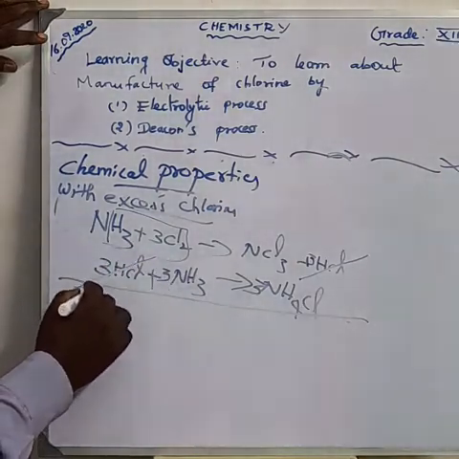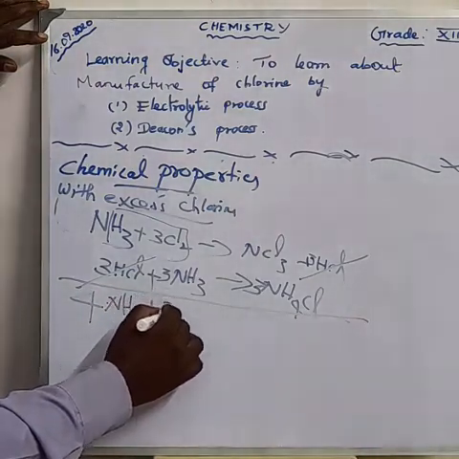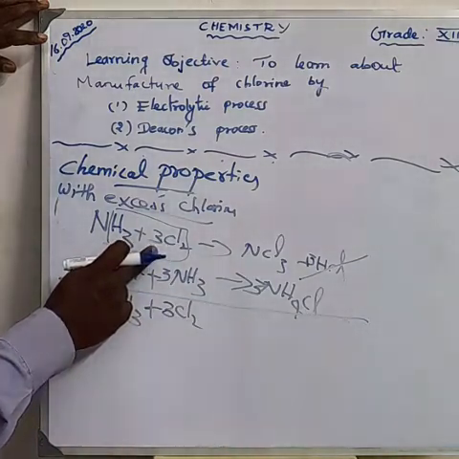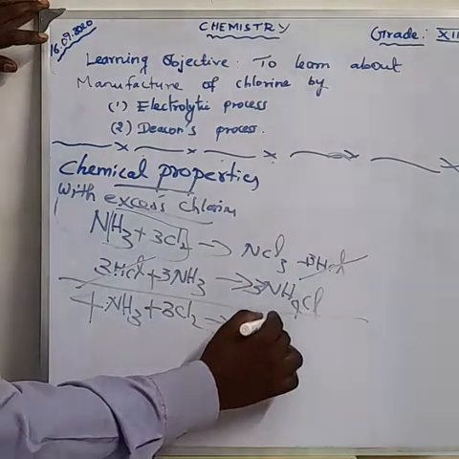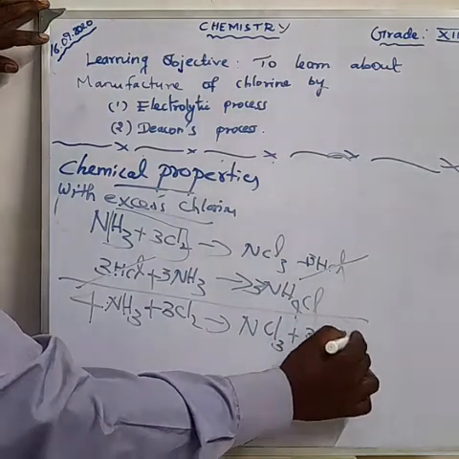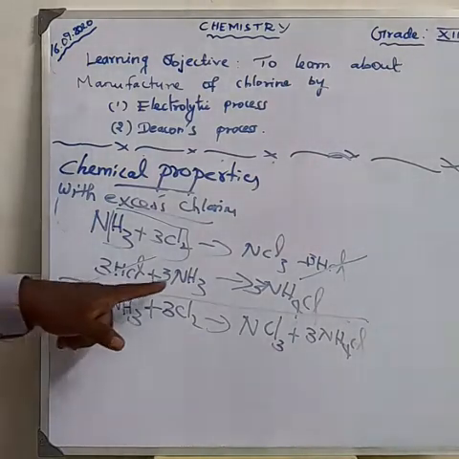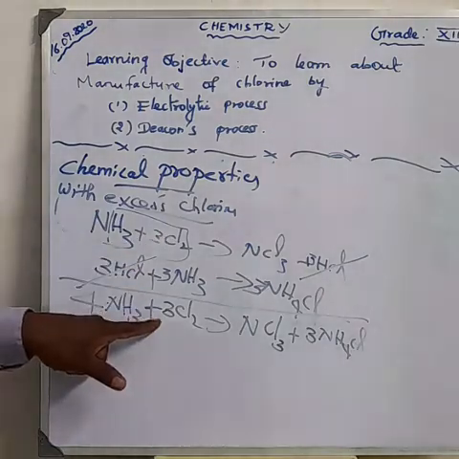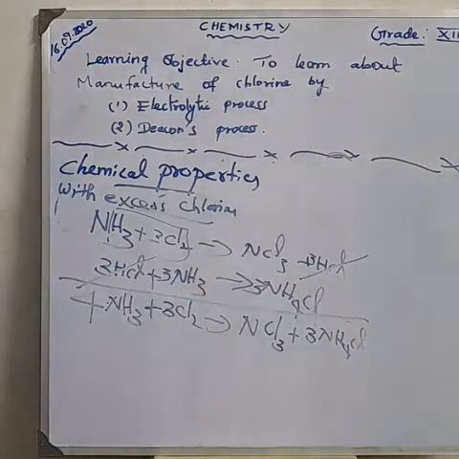So we get 4 moles of ammonia, NH3, plus 3Cl2 gives nitrogen trichloride plus 3 moles of ammonium chloride. That is, 1 ammonia plus 3 ammonia gives 4 moles of ammonia, and 3Cl2 gives nitrogen trichloride plus ammonium chloride.